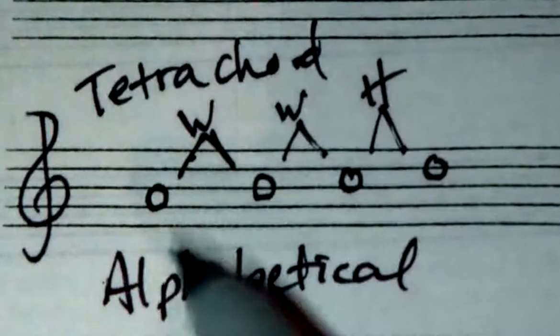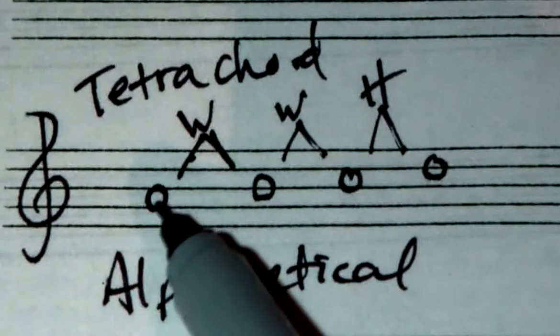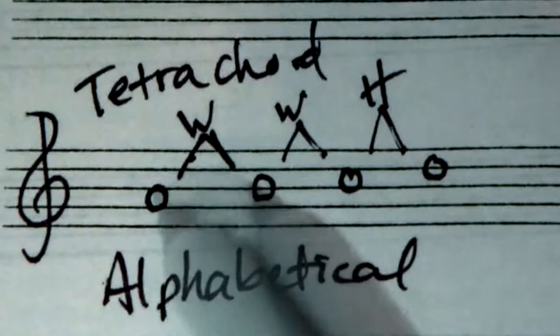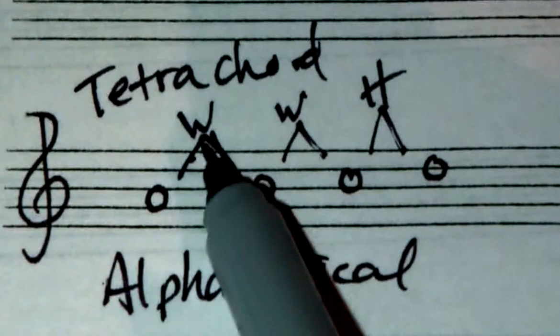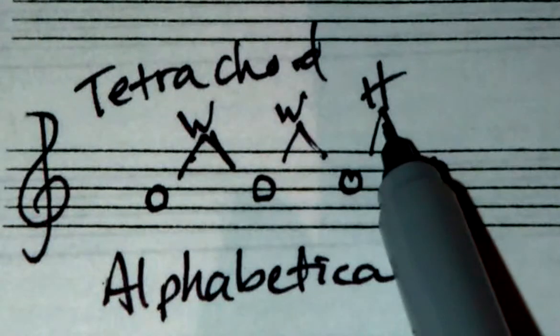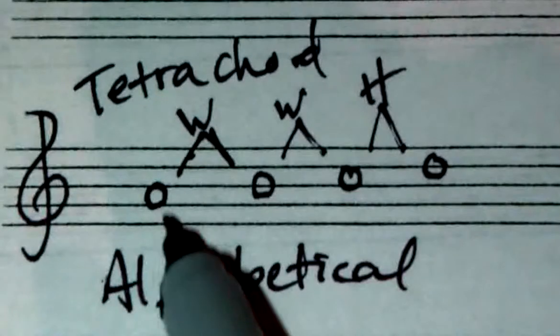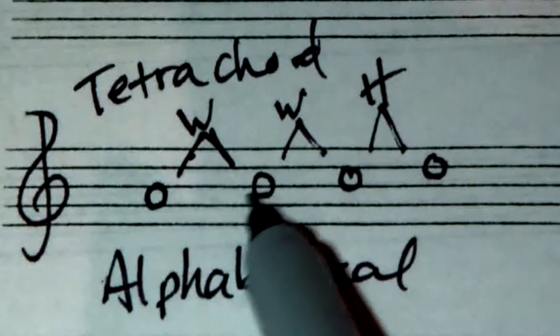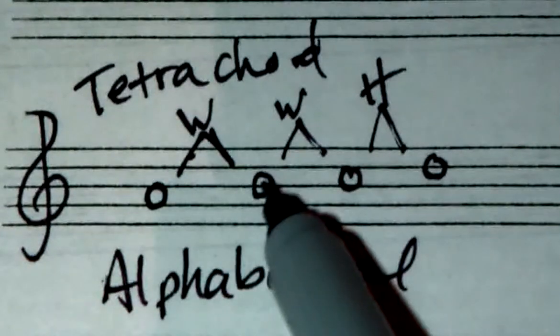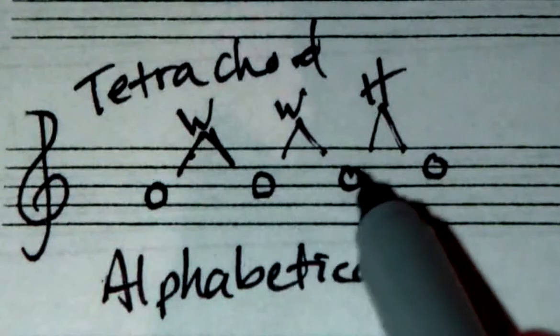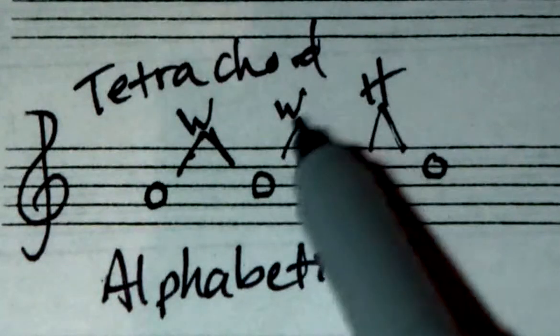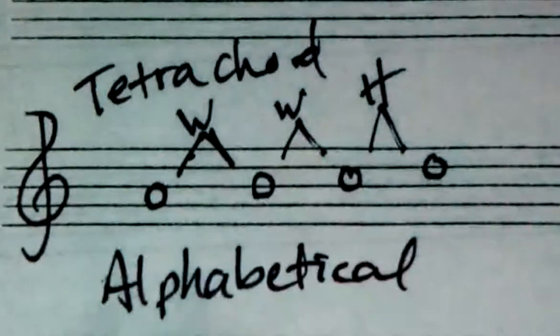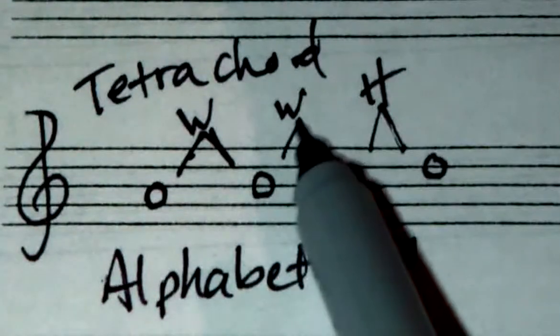Now I have to ensure that the intervals between each note follow this whole, whole, half situation. Between an A and a B, that is a whole step. Between a B and a C, unfortunately, that's just a half step. But according to our tetrachord formula, it is supposed to be a whole step.